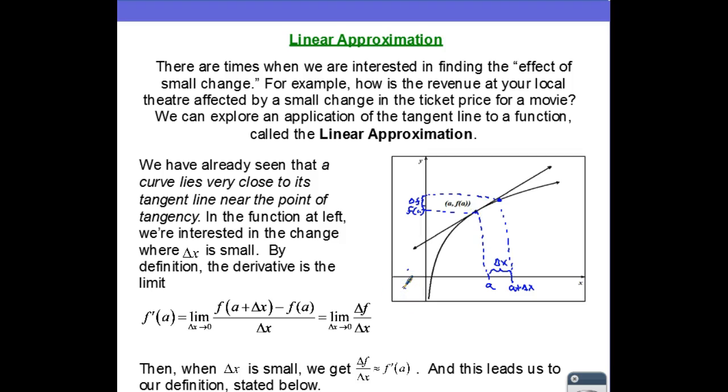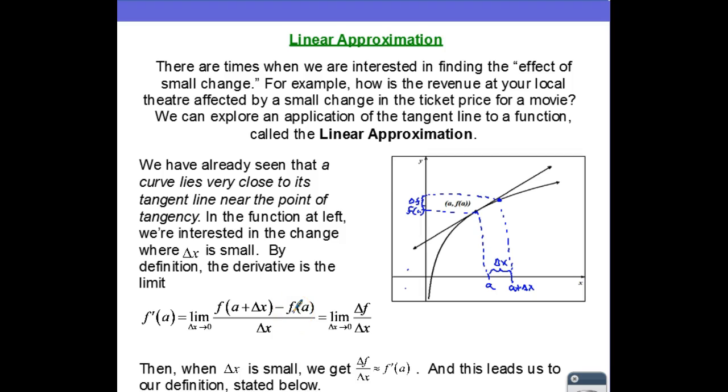There's a really clever way that we can do this, and we're going to start with the limit definition of the derivative. We have f prime of a is equal to the limit as delta x approaches 0 of f of a plus delta x, that's this point over here, minus f of a, that's this point here.